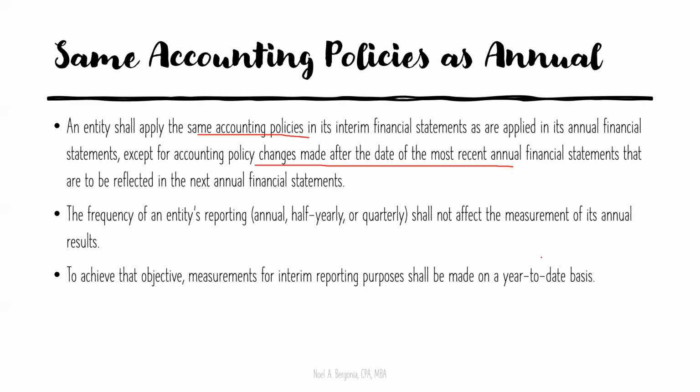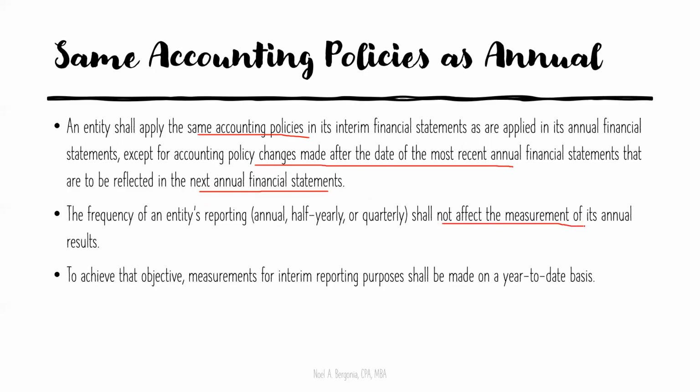Let's say, for example, a new standard became effective after the preparation of the most recent financial statements; then we will apply the new policy on the next annual financial statements. We will not change anymore retrospectively. And the frequency of our reporting, whether annual, half-yearly, or quarterly, shall not be affected.